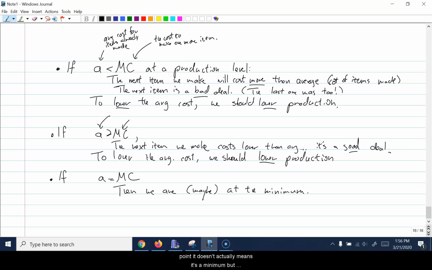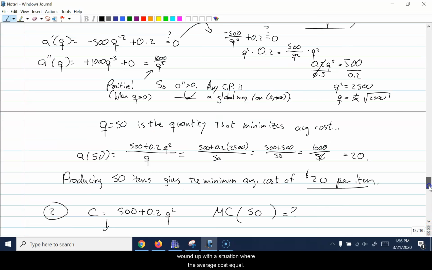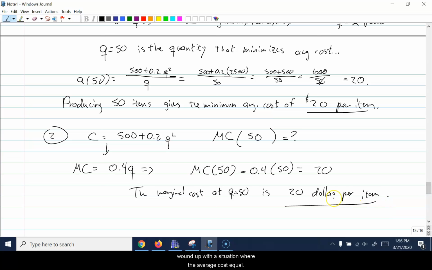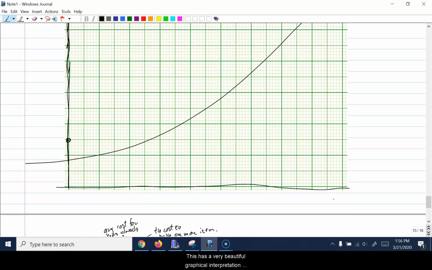It doesn't actually mean it's a minimum, but very often, if I'm asking you to find the minimum using this, I'm probably not going to tell you to do the work of verifying that the thing is at a minimum. And that's why, when we minimized average costs, we wound up in a situation where the average cost equals the marginal cost. This has a very beautiful graphical interpretation.